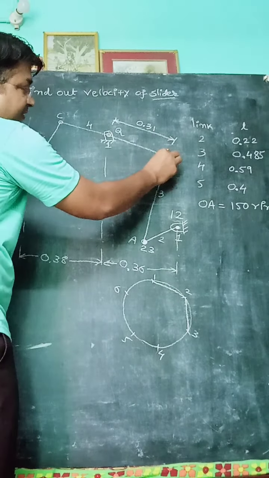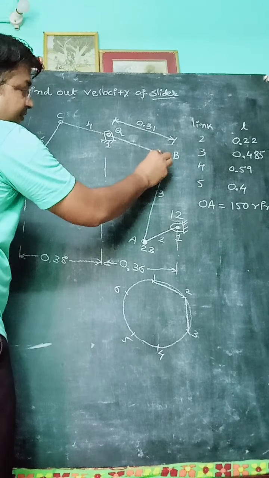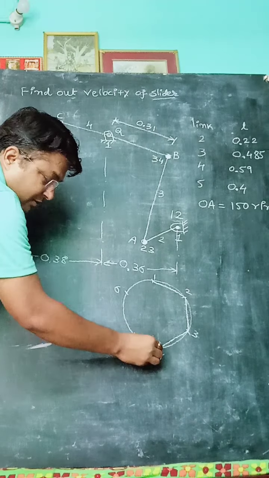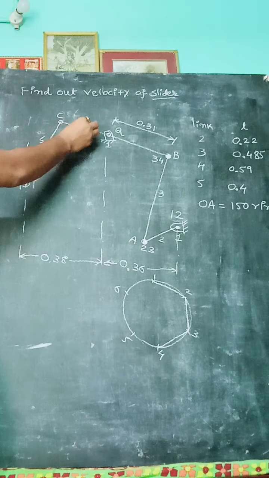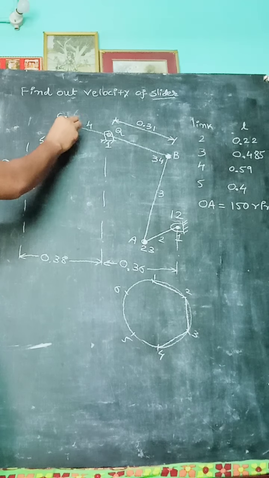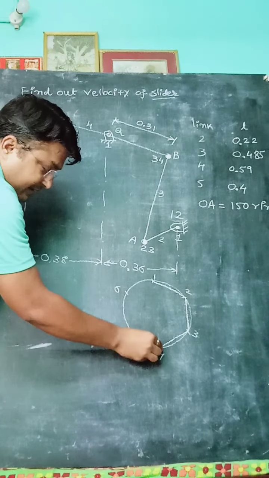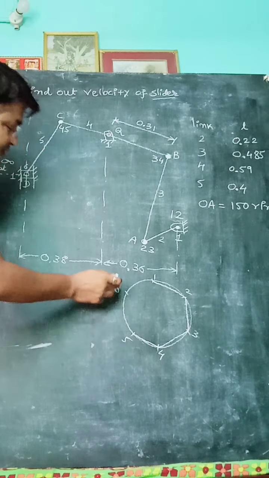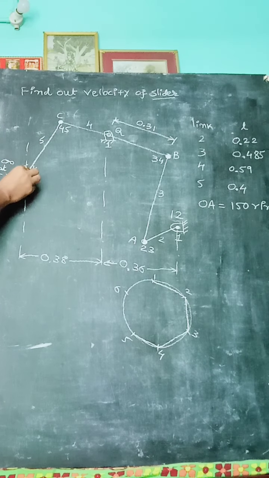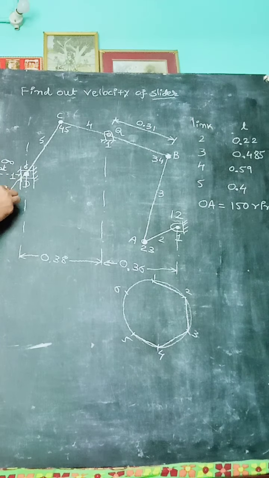Then 3 4, permanent. What about 4 5? 4 5, yes, it is permanent. What about 5 6? 5 6, this point itself is instantaneous center 5 6.